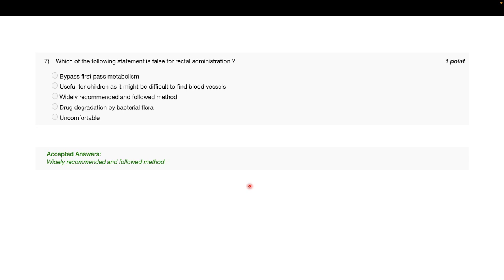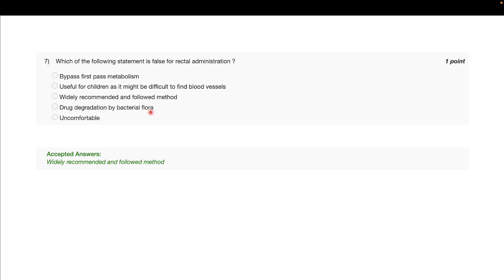The statement that it's a widely recommended and followed method is actually false. Everything else listed here is correct information about rectal administration. It bypasses first pass metabolism because nothing is reaching your stomach or the gut area. It's useful for children as it might be difficult to find blood vessels, so rectal administration is most commonly used for kids because it's difficult to find their blood vessels.